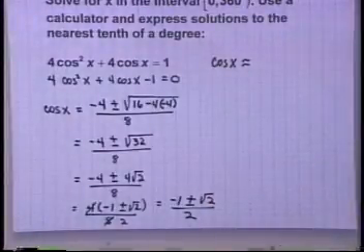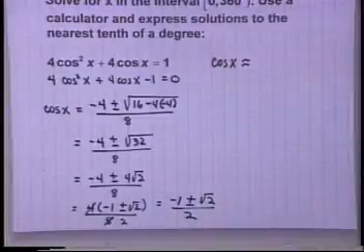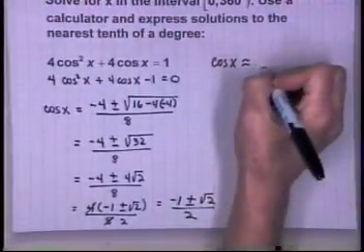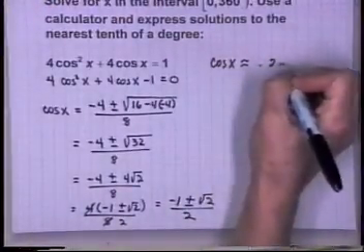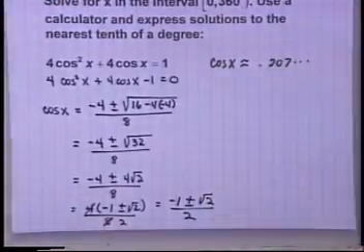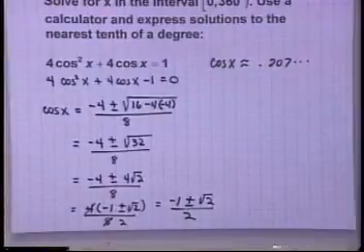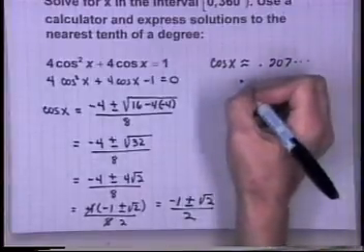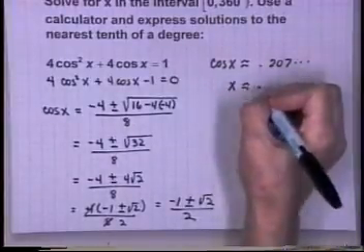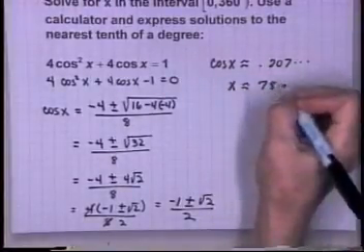So again, let's take the -1 plus the square root of 2, complete that, divide by 2. I have about 0.207, etc. I'm just going to leave that in my calculator and do inverse cosine. I'm reading here then that x would be approximately 78.